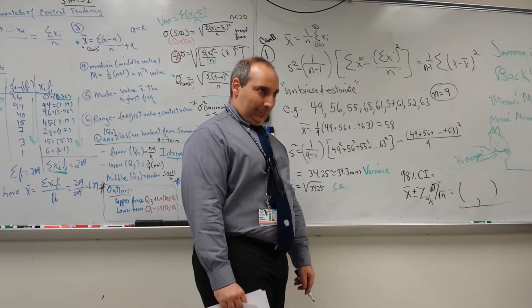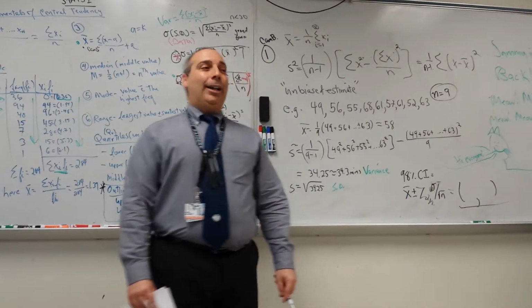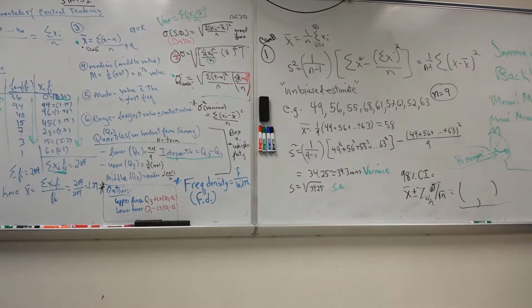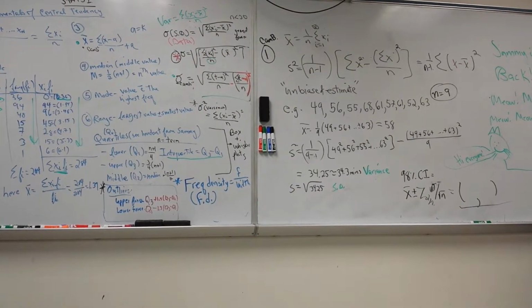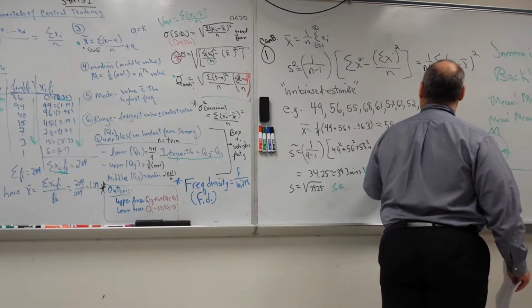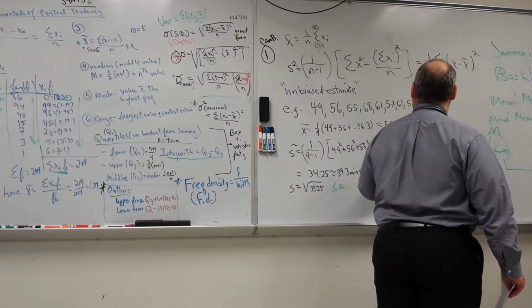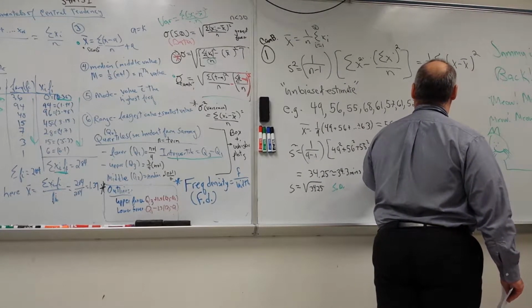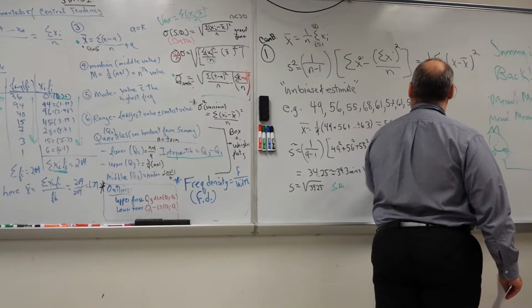Bella, what do we have to do? Essentially, the confidence interval is saying that 95, 98, 97, whatever percentage, is the chance that the mean will fall between those two numbers for another sample out of the entire data set. 98%, X bar is going to be between it, right?